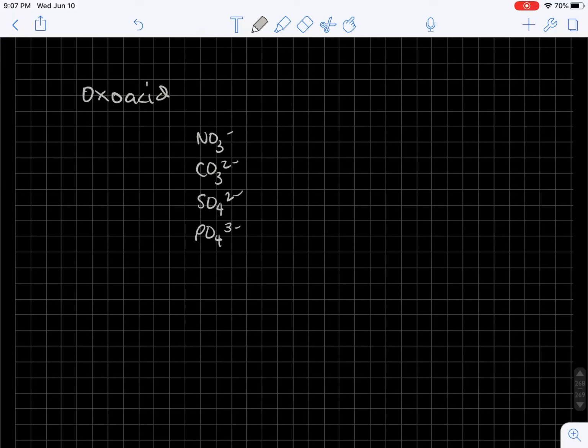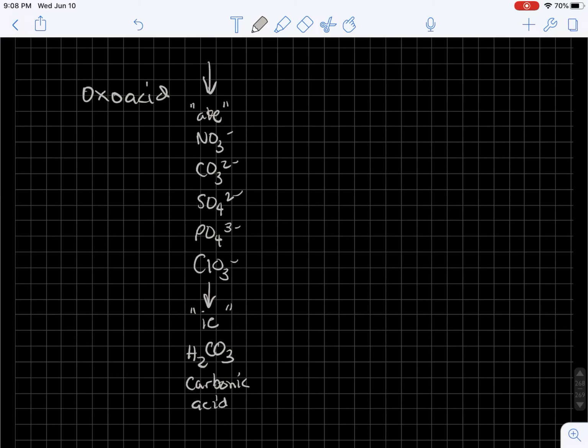Notice they're all ending in ate, chlorate. And we said that whenever we turn these into acids, we use the term ic in the nomenclature. So if we add 2 hydrogens to carbonate, then instead of carbonate, this becomes carbonic acid.